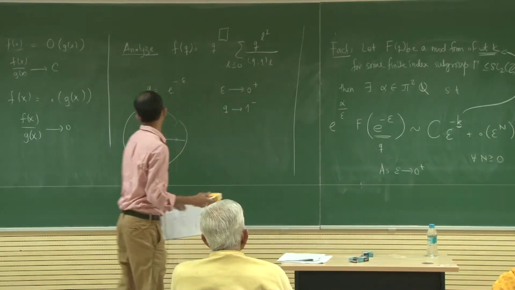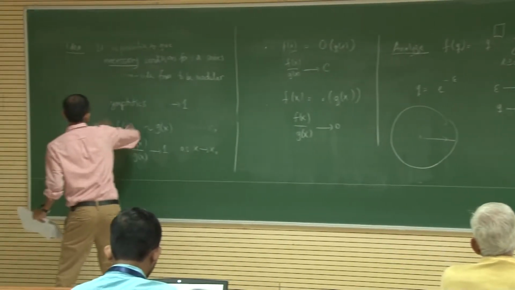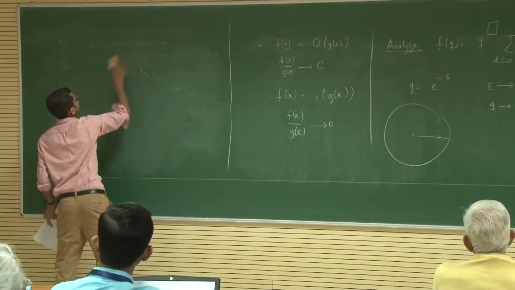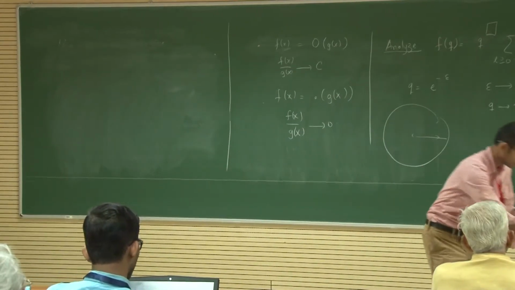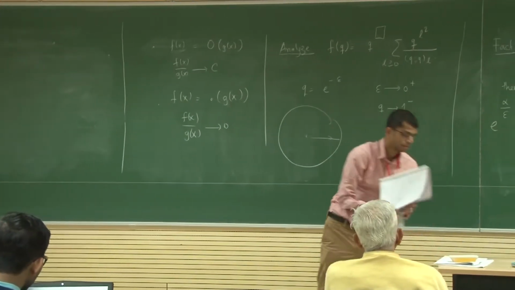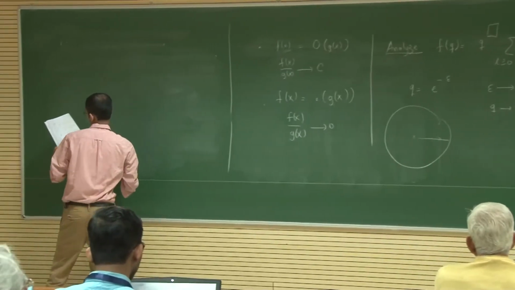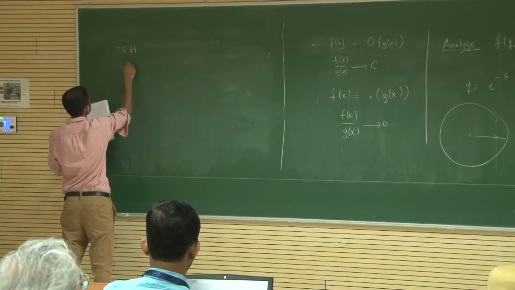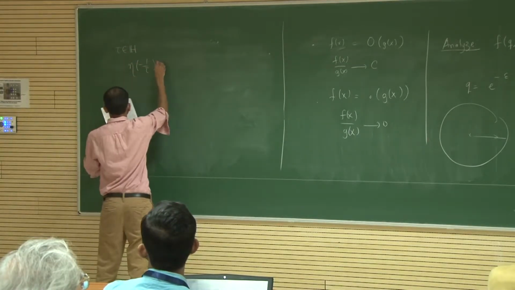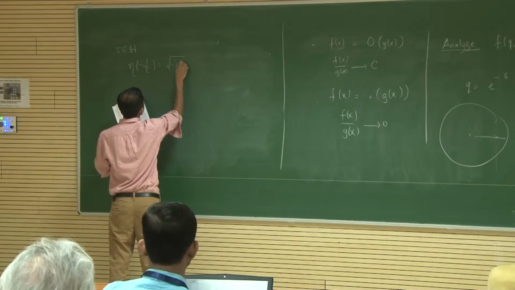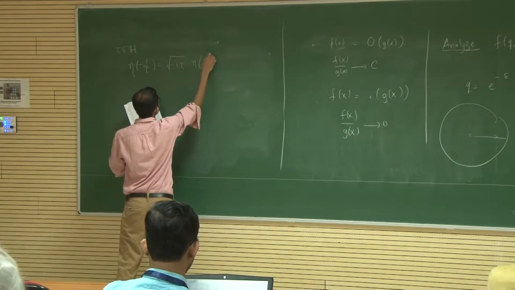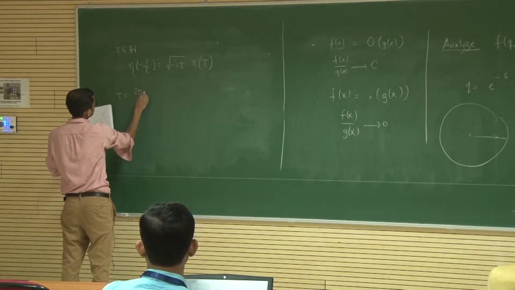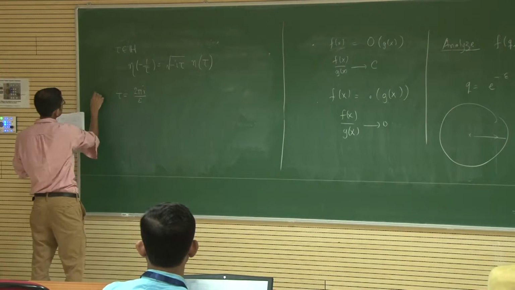It's great to prove things by examples, so let me give you an example. We saw that for tau in the upper half plane, eta of minus 1 over tau is the square root of minus i tau times eta of tau. Now put tau as 2 pi i over epsilon.